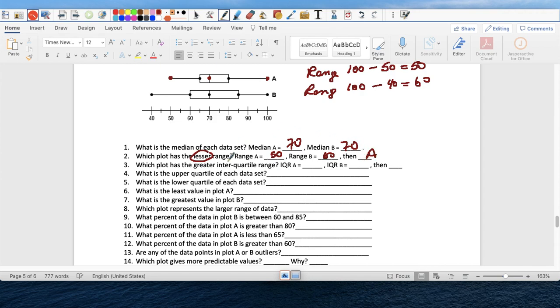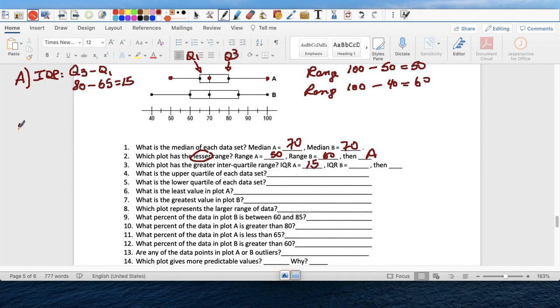Okay. Which plot has the greater interquartile range? So IQR. Let's do the IQR for A. The IQR is Q3 minus Q1. Q3 is here, this is Q1. So 80 minus 65. So it's 15. So for A, it's 15.